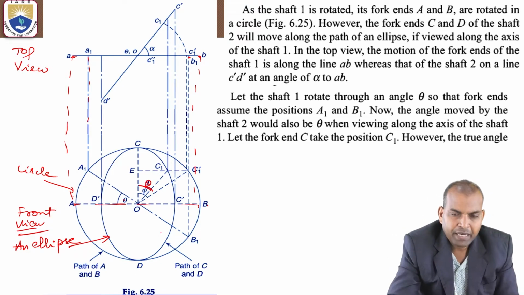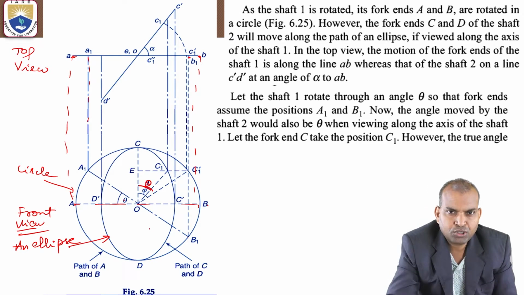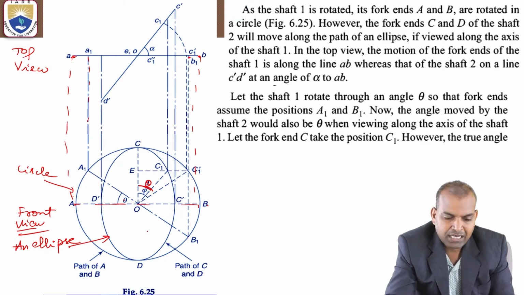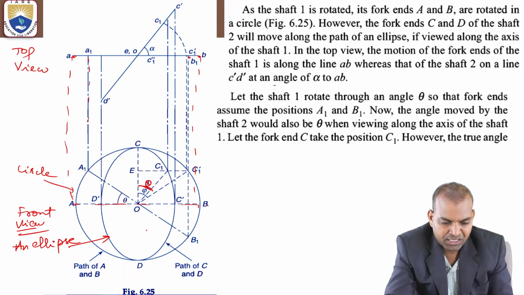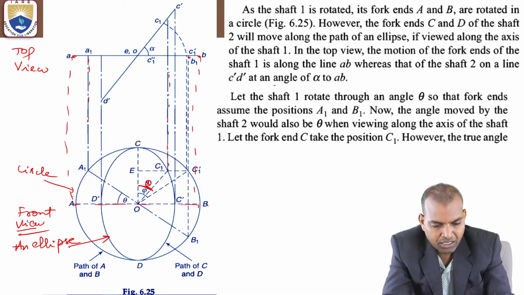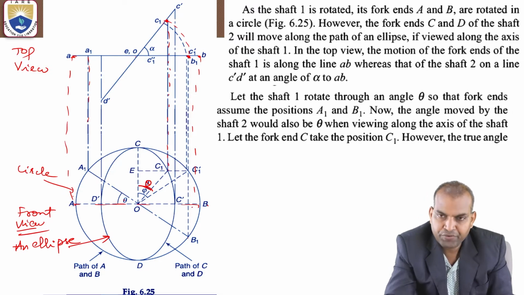But in order to achieve the true shape of the inclination, we use engineering drawing concepts. We will project this theta inclination onto the top view, draw a line, and project it on the front view.